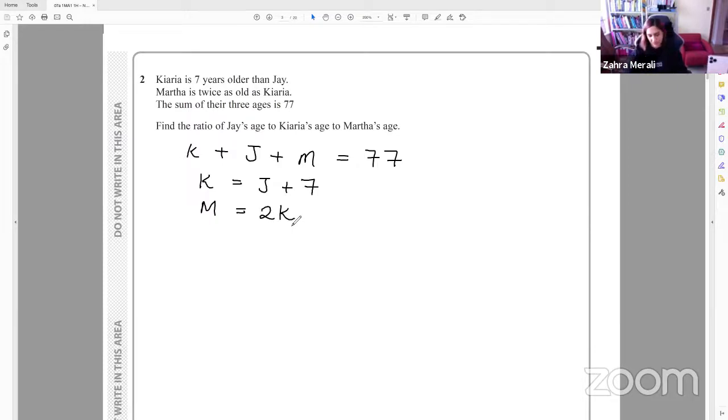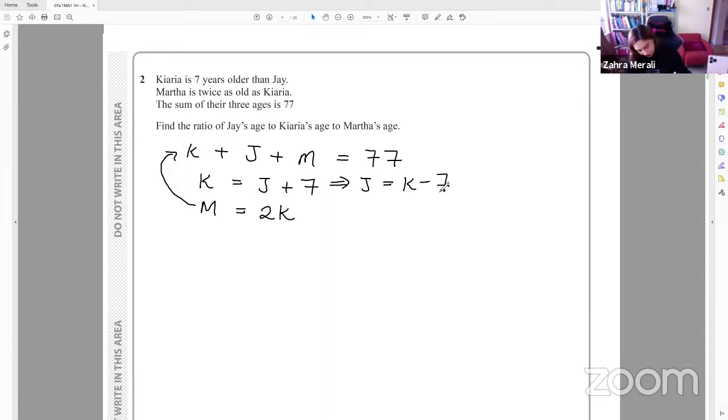Right, so let's try put everything in terms of the same letters. Now, if you notice, you could put every single thing in terms of K. So we can see that J is the same as K take away 7. So Jay's age is 7 years younger than Kiara, if we think of it the opposite way round.